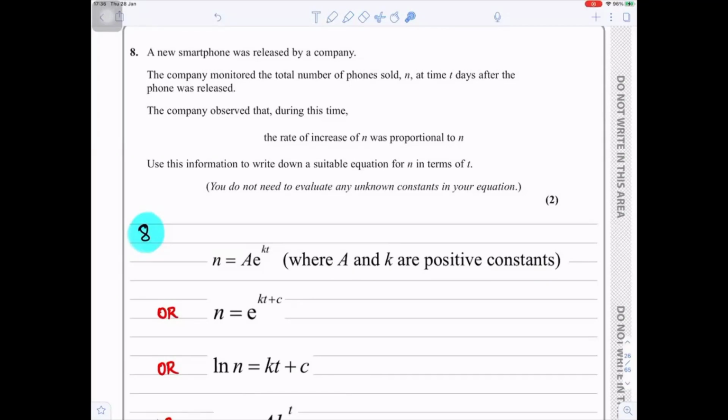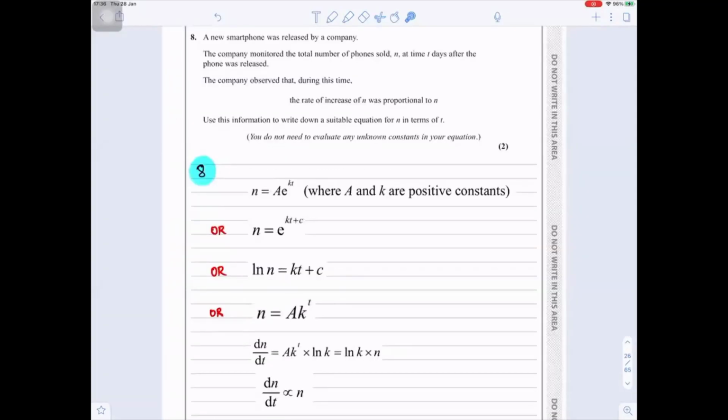Or you can write it as N equals e to the kt plus c. Or you can write it as ln N equals kt plus c. Or some people can do it like N equals a k to the t. And you can note dN over dt is equal to a k to the t times ln k, which is ln k times N, and dN over dt is proportional to N. And for this one, you can also expand it to write N equals e to the kt times e to the c.